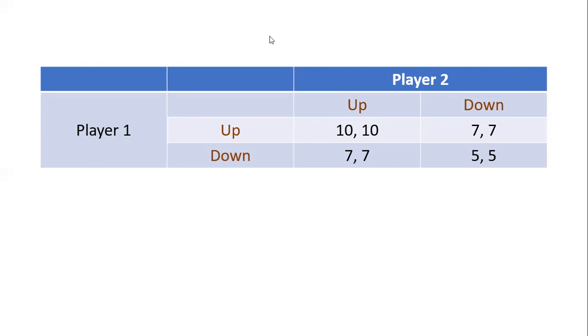In each box, the first outcome or first payoff belongs to the row player and the second outcome or second payoff belongs to the column player.